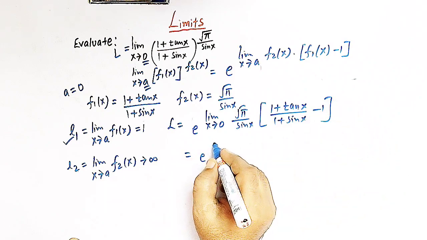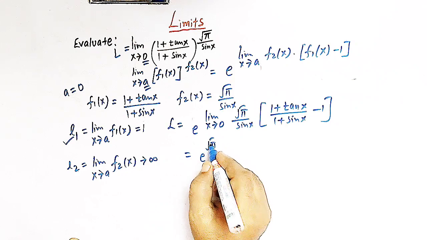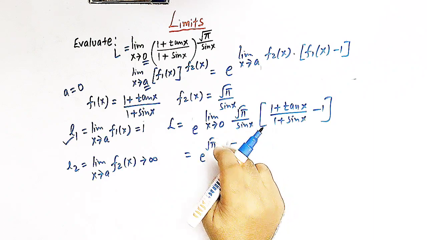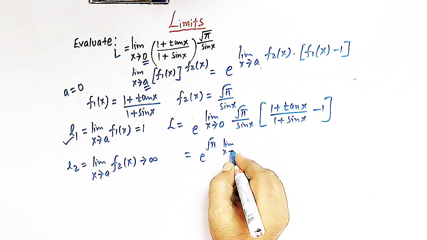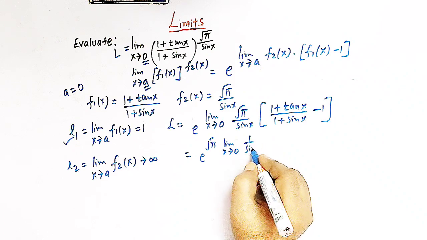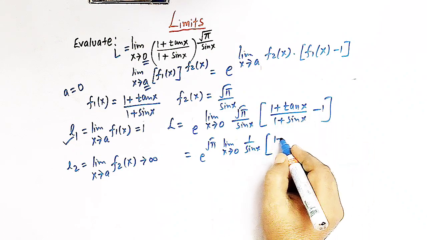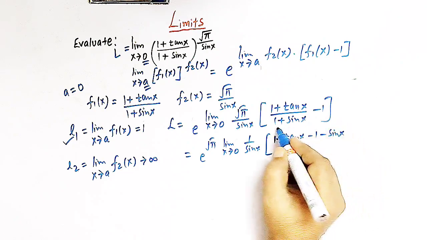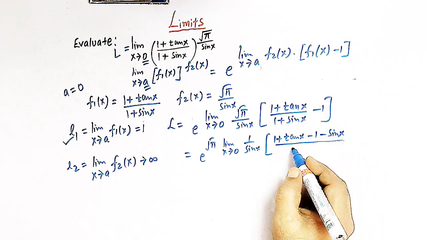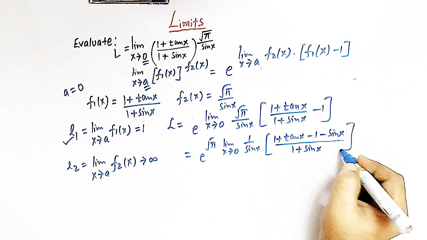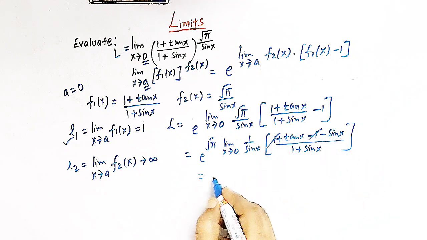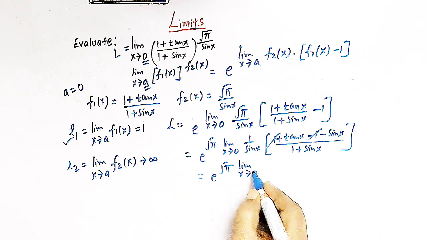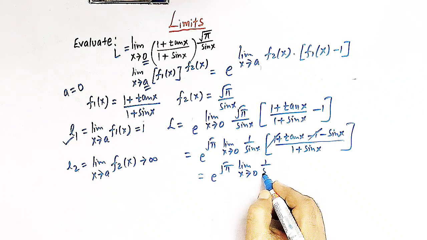So now we can simplify. Here we can write square root of pi, and the limit as x tends to 0 of 1 over sin x, and simplifying this term we have (1 + tan x minus 1 minus sin x), multiplying this 1 with (1 + sin x), and here we have 1 + sin x, and this 1 gets cancelled, and we have e raised to square root of pi, limit as x tends to 0, 1 over sin x.